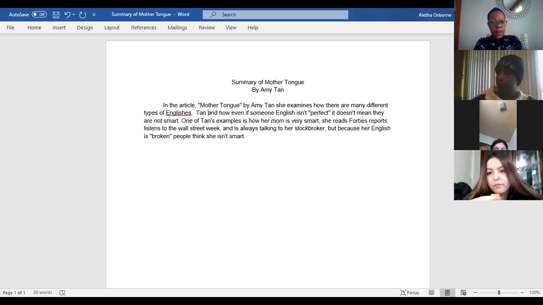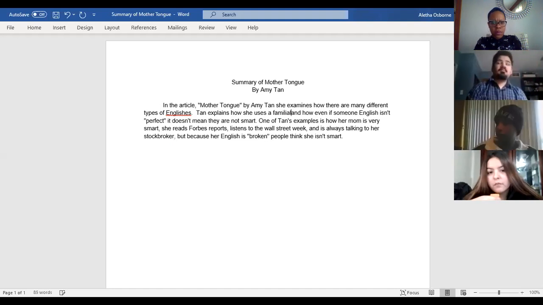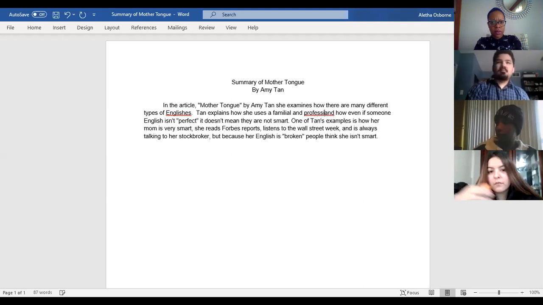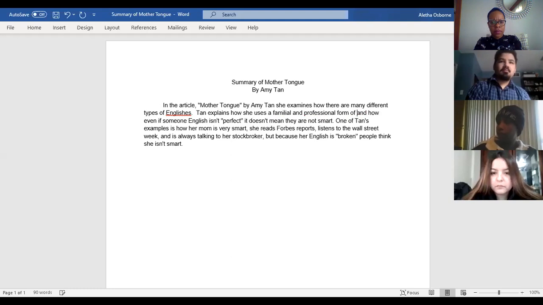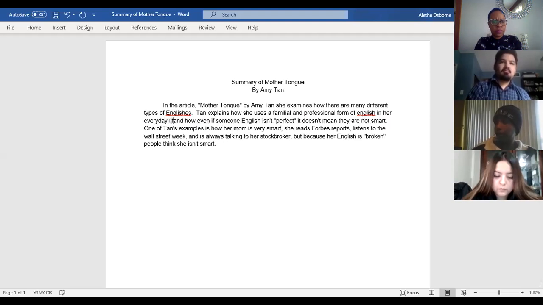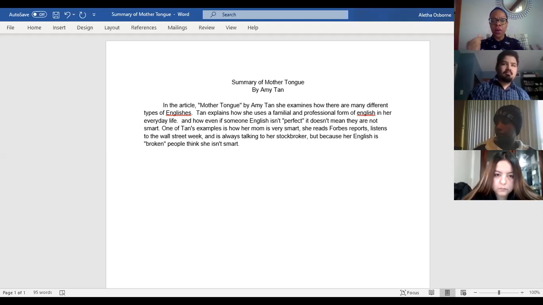Tan explains and okay, so this is still going to take on the point that was just stated, but let's look at how this is organizing the details.